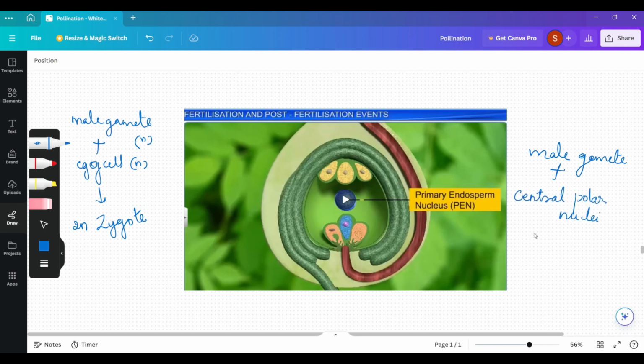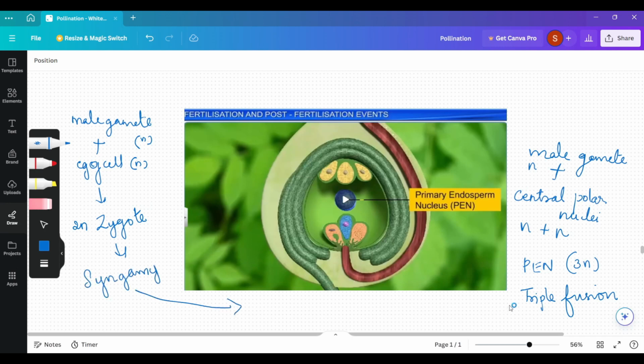Polar nuclei are two in number, so N plus N. Another male gamete, which is N, fuses to form the primary endosperm nucleus, which is 3N. Since there is a fusion of three haploid nuclei, we call this fusion triple fusion. And the other process is called syngamy. Since the fusion occurs twice, we call the whole condition double fertilization.